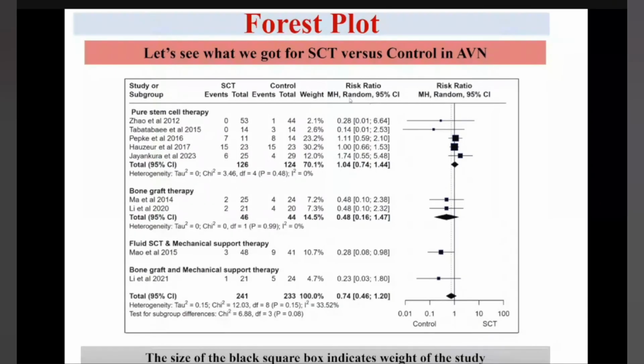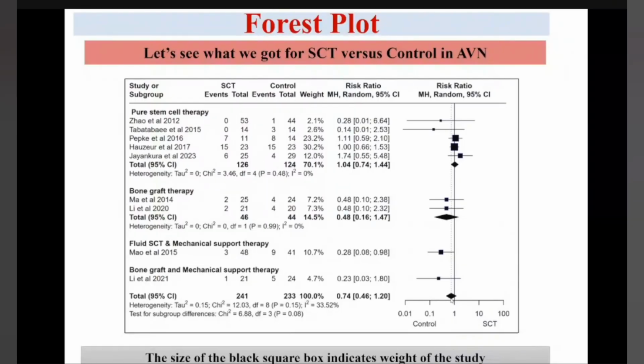But as it is a ratio, here you will get 1. How these results come statistically, we might explain in an upcoming session. For now, just learn how to read the forest plot. Then you can see boxes and diamonds. This is the black diamond.